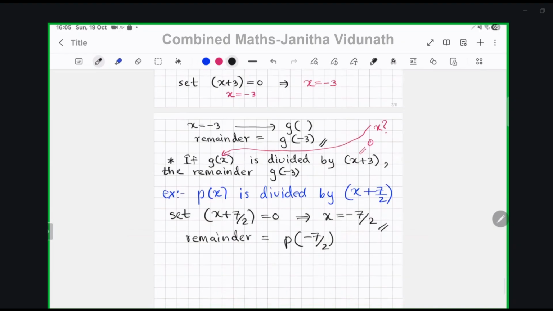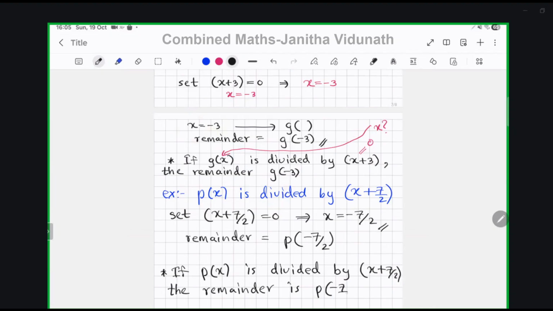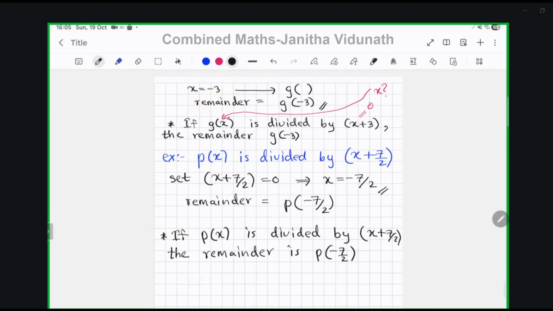Then from here also we can write: if p(x) is divided by x plus 7 over 2, the remainder is p(minus 7 over 2). Okay.